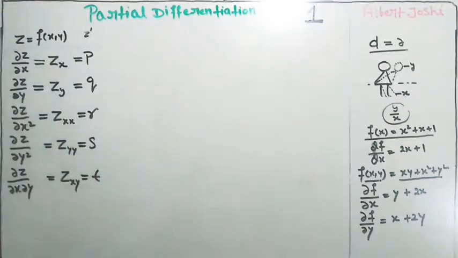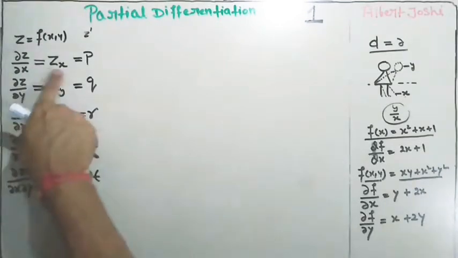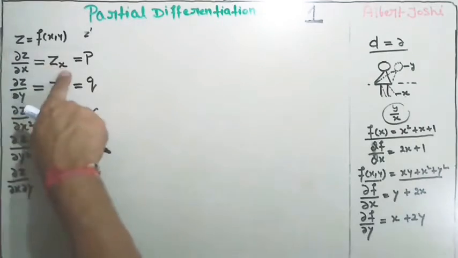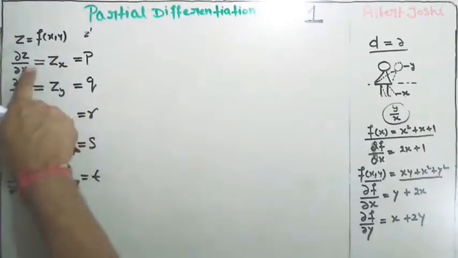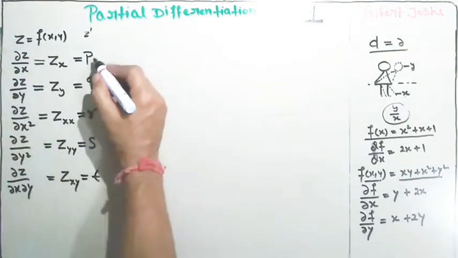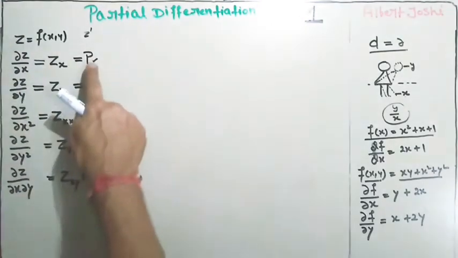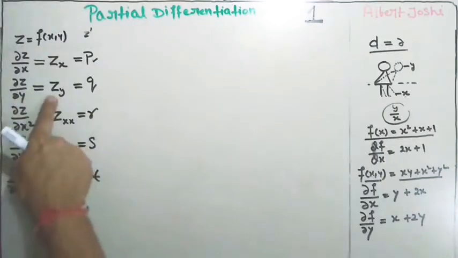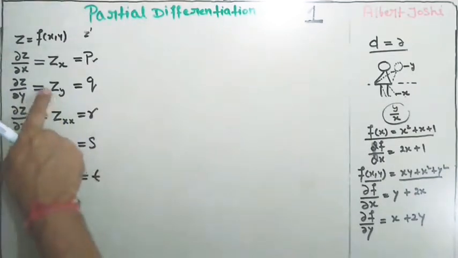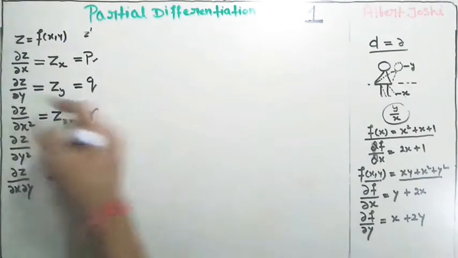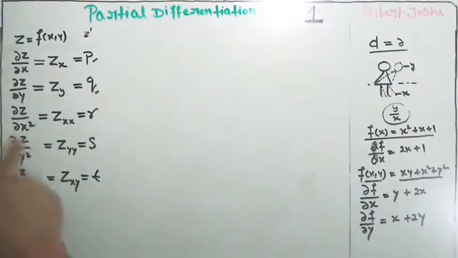Z of x means this function has been differentiated with respect to x, and some books have written this as p, this is also a variable. Now del z upon del y, you are differentiating with respect to y. After that we have written zy. Zy means you are differentiating z with respect to y, and we call this q.